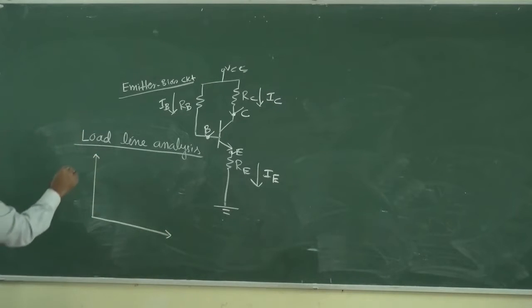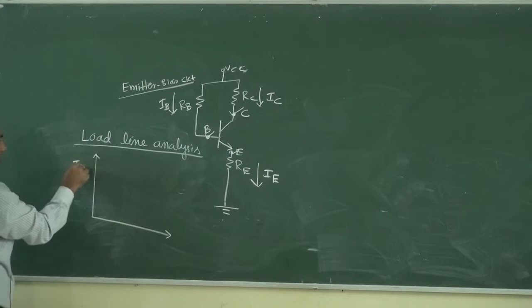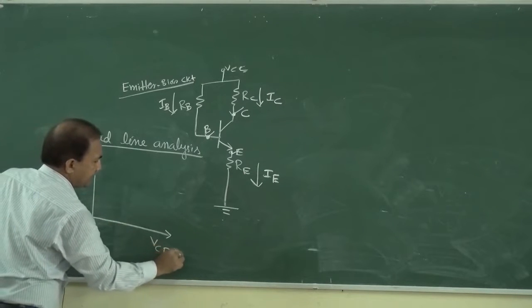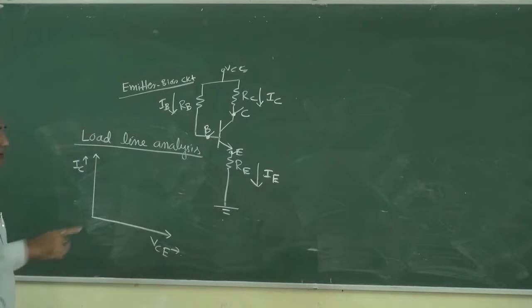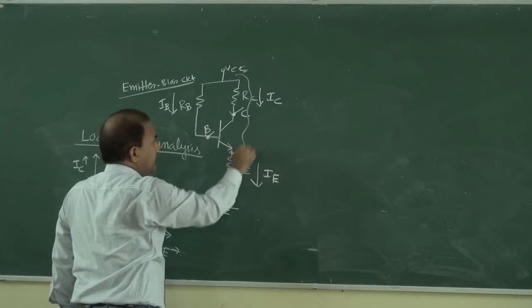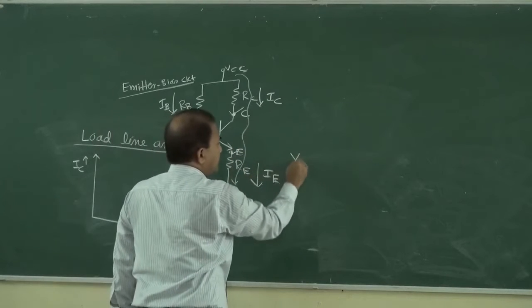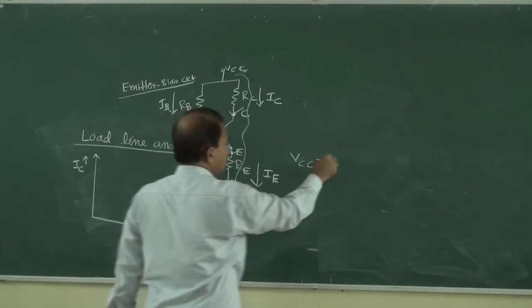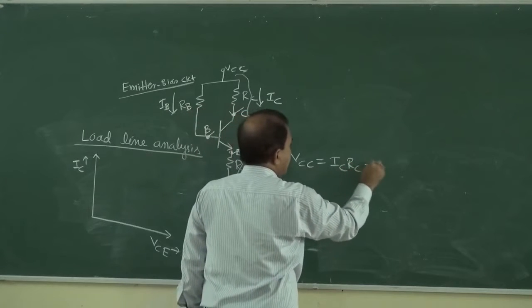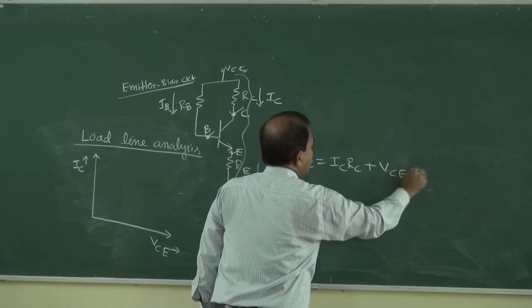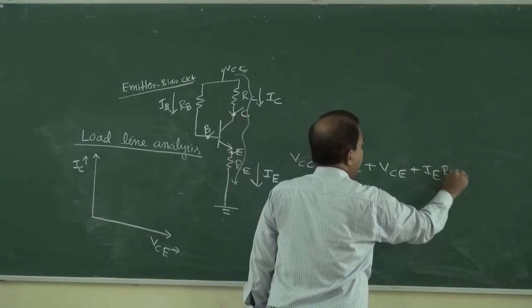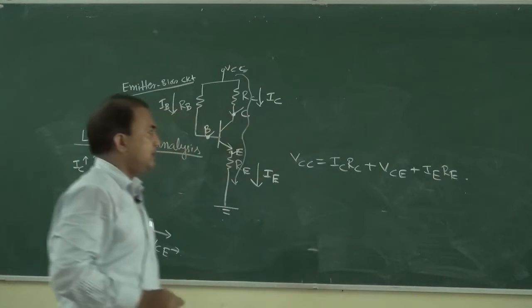In load line analysis, it is the graph between IC versus VCE. The expression on the output side is VCC equal to IC RC plus VCE plus IE into RE.